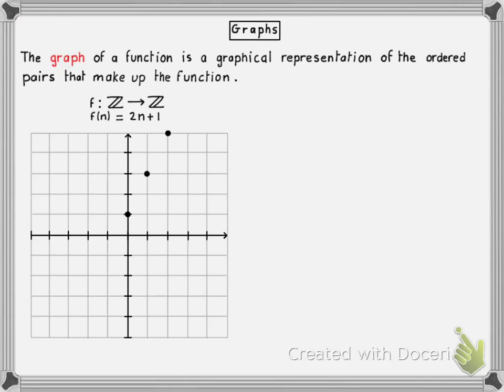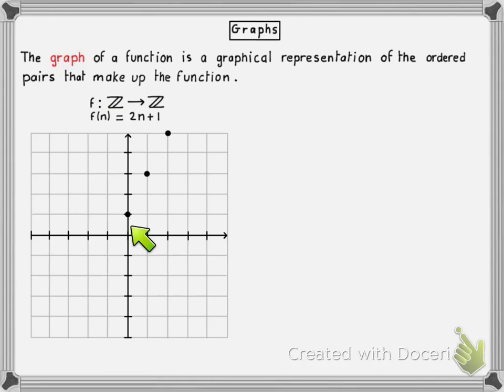That's the next pair. Notice if I went to the next larger value for n of 3, then f of 3 would be 3 times 2 plus 1. That would be 7. That would be out of the canvas. So let's stop here for the positive values of n. Now we're not done, since we still need to go down to the negative values of n. Remember that the domain is the set of all the integers, including the negative ones.